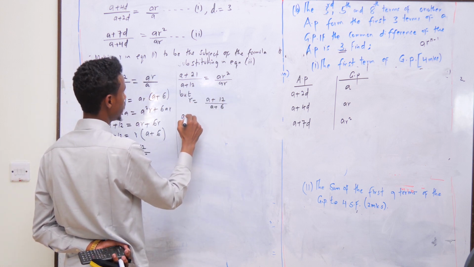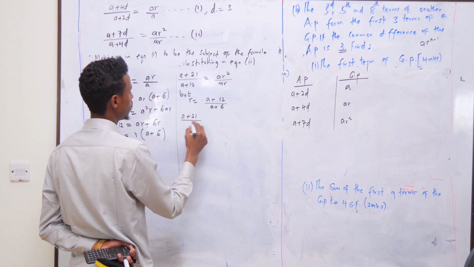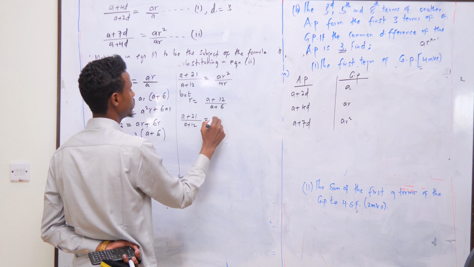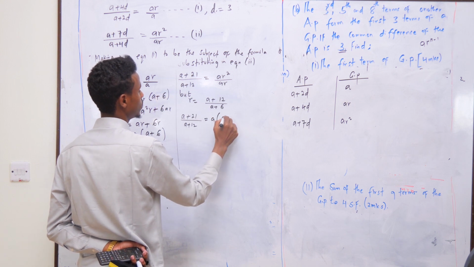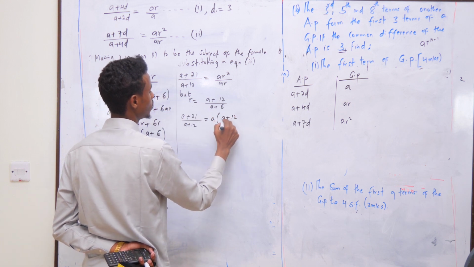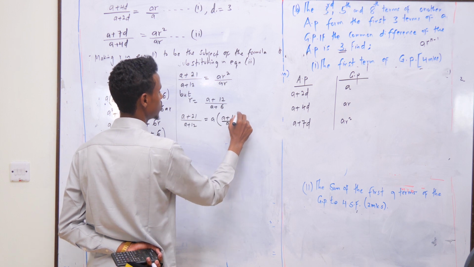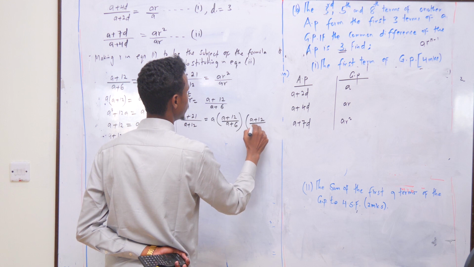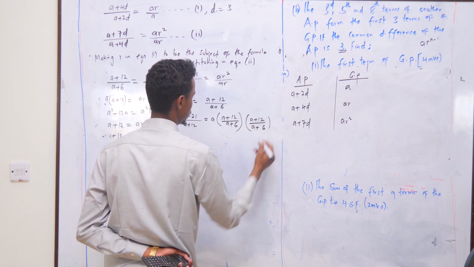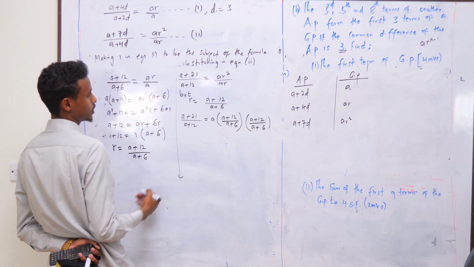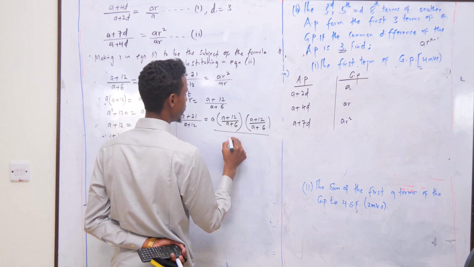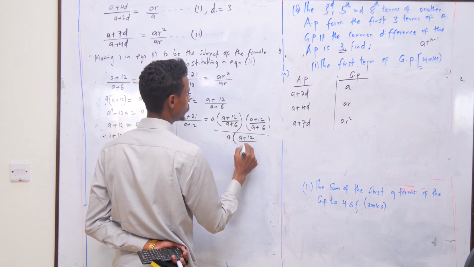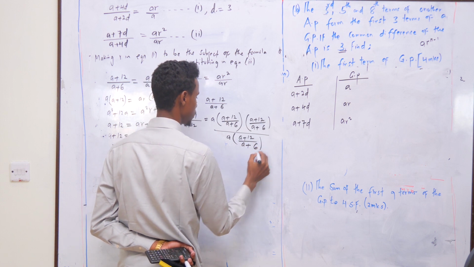Now it will be A plus 21 out of A plus 12. Now instead of putting R, you say A into bracket A plus 12 out of A plus 6, now multiplied by A plus 12 out of A plus 6, divided by A into bracket A plus 12 out of A plus 6.